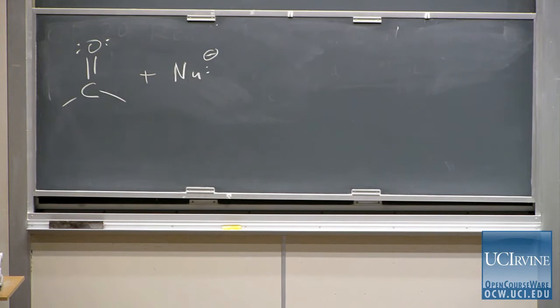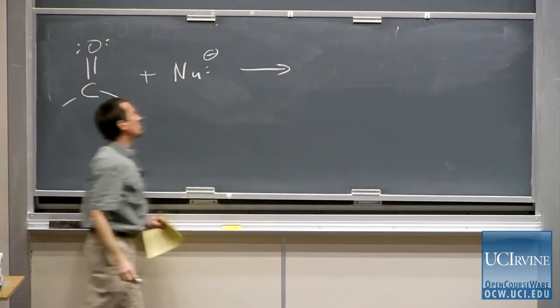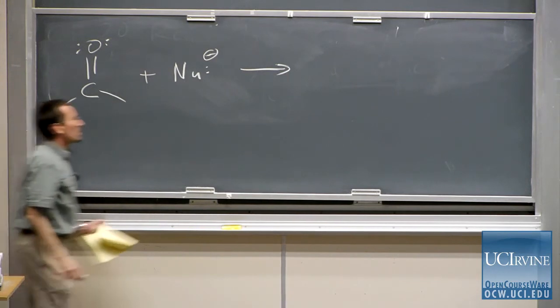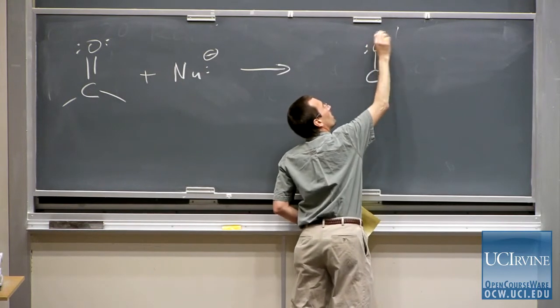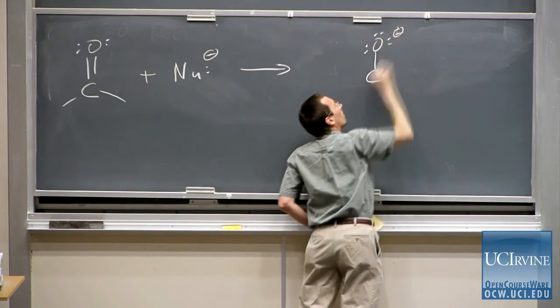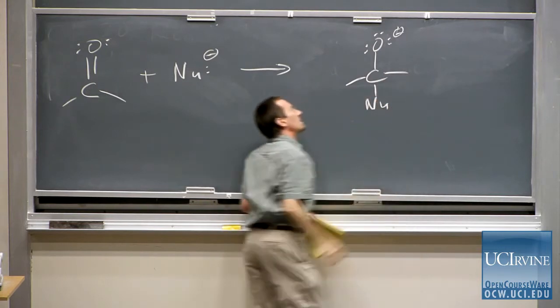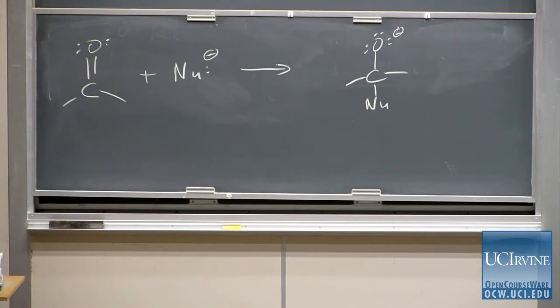They can react with each other, and so I'll use a reaction arrow to show that we're going from reactants to product. The product of this reaction now can be represented like so, where our nucleophile has formed a bond to the carbon.